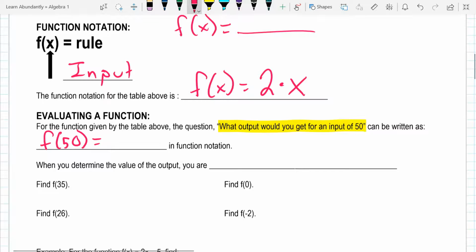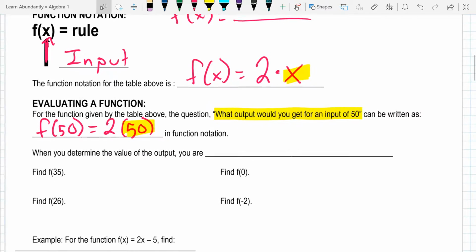Since we replaced the x with a 50, we replace the x with 50 in parentheses. There was an x in that equation, and now there's a 50, because we're checking what output we would get for an input of 50. When you determine the value of the output, you are evaluating a function.